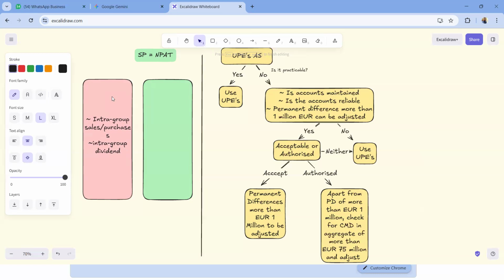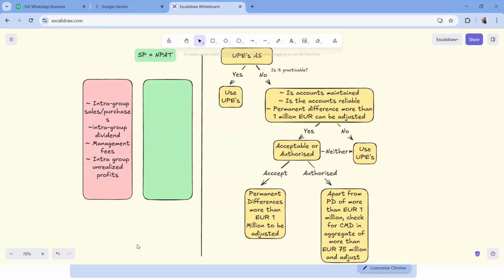Intra-group dividend, then there would be management fees. All these would be intra-group profits, intra-group unrealized profit on inventory, etc. All these normal consolidation adjustments, do not do. We have to see the consolidated entities' amount in such a way.